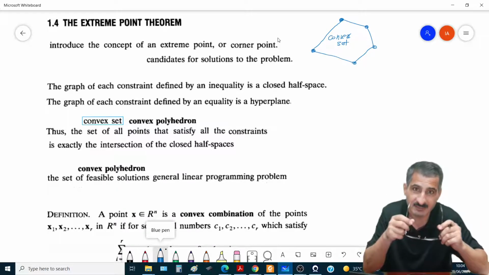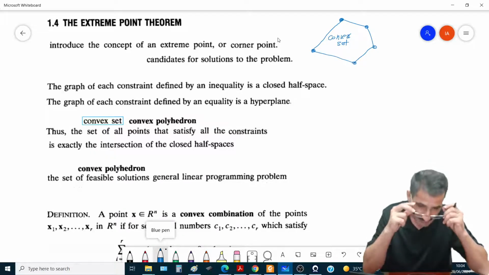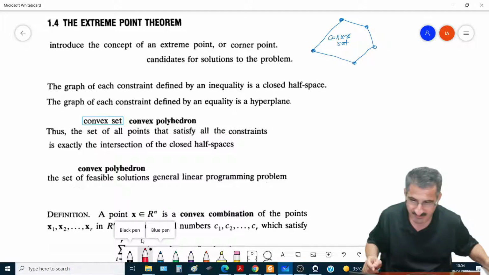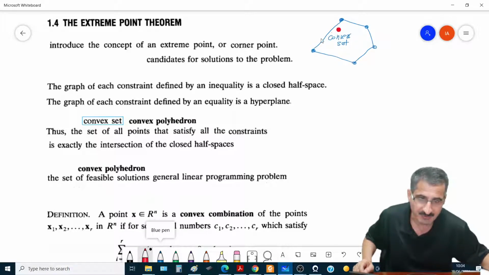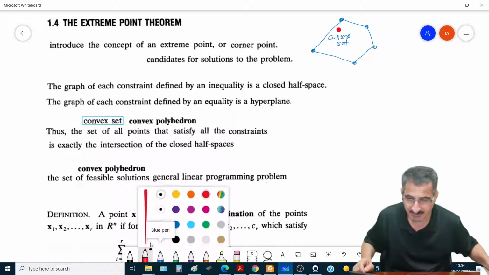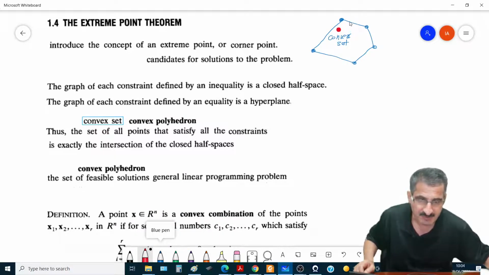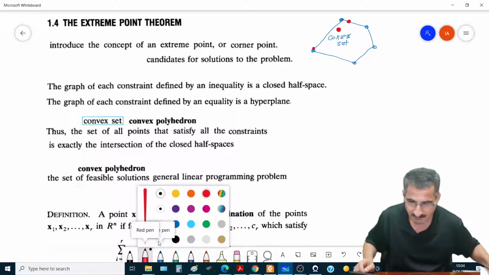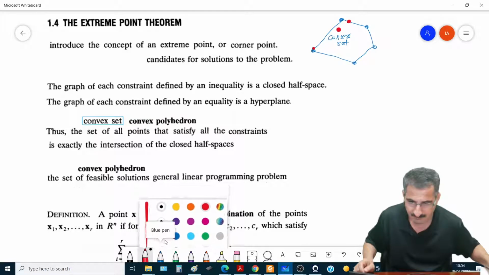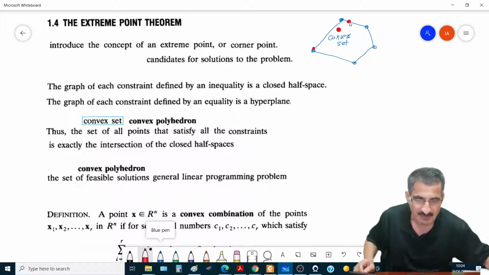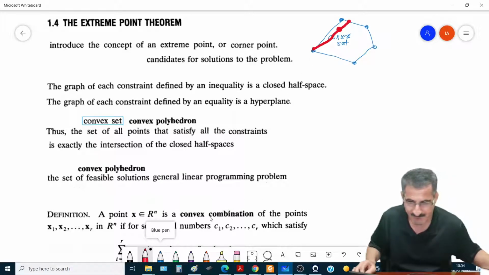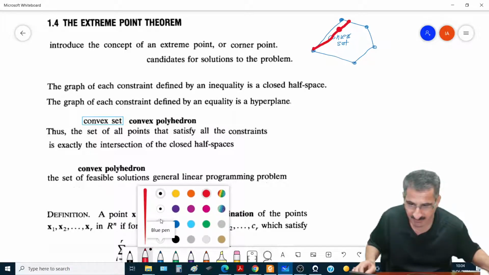And any other point in this convex set, for example this red point here, is not extreme because we can find 2 points here and here, so that if we connect them, we will find our original point on the line connecting them.